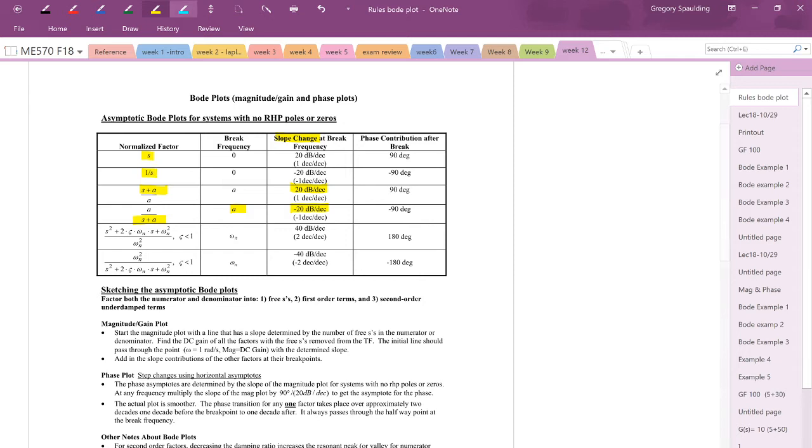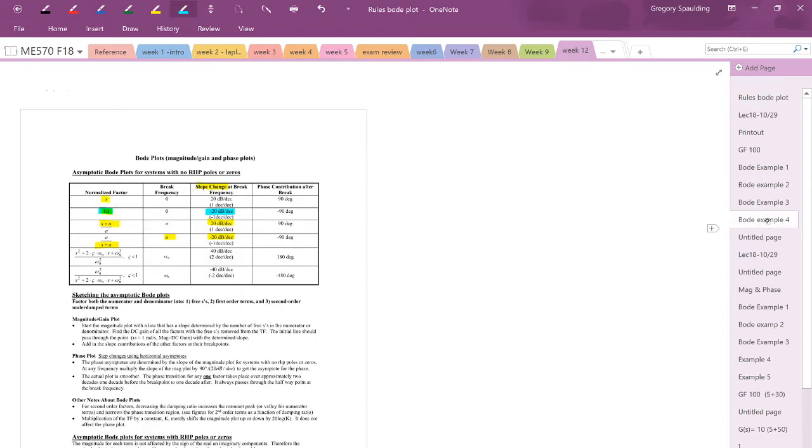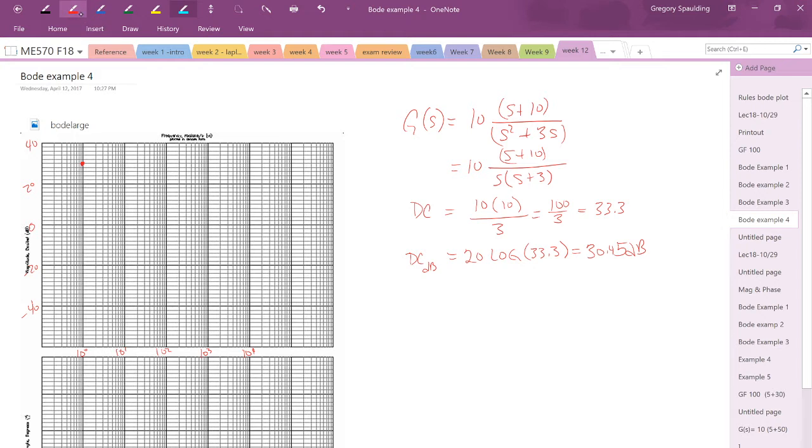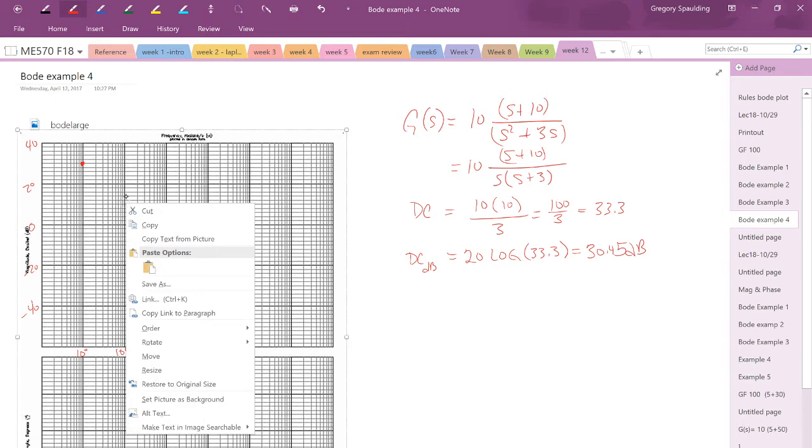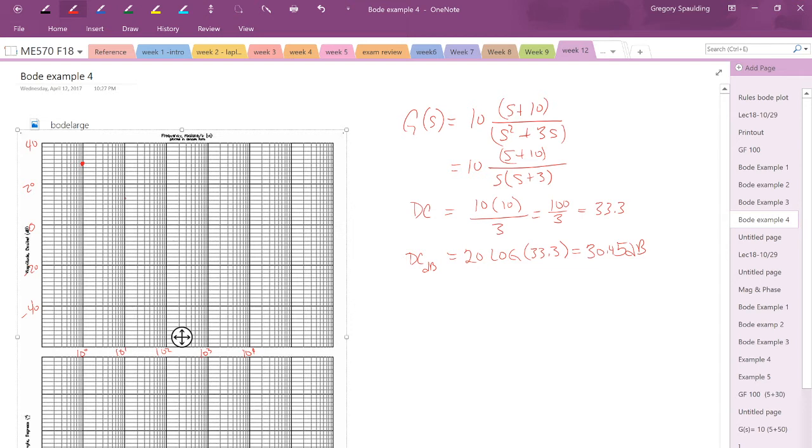In this case we have an s in the denominator, so we start with an initial slope of minus 20 dB per decade. We come off this point and run a slope through at minus 20 dB per decade. It's not going to go all the way, but that would be our initial slope.